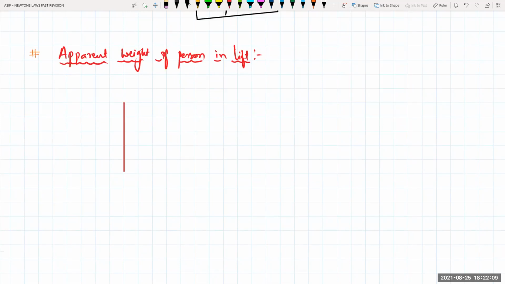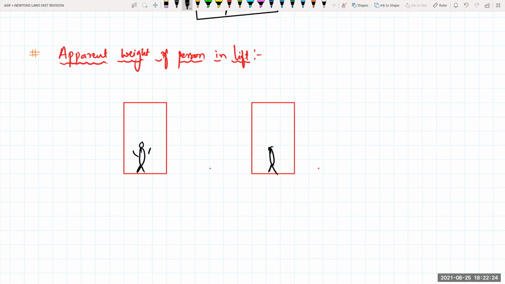See, for example, this is your lift, and here there is one more lift. In this one a person is standing, and in this one also a person is standing. In this one the lift is going up. In this one the lift is coming down.